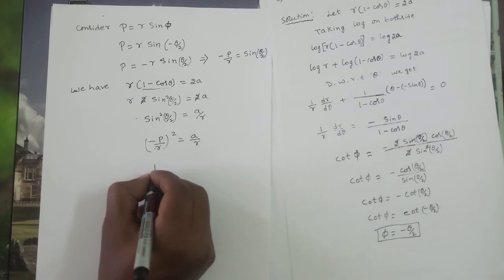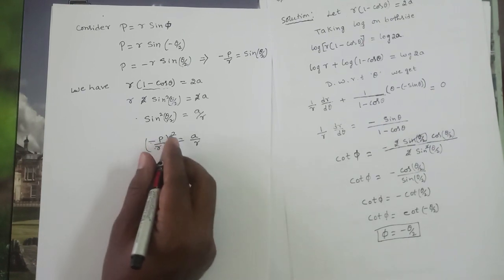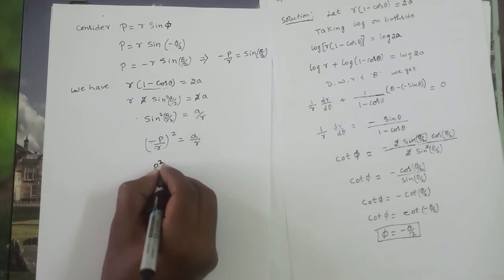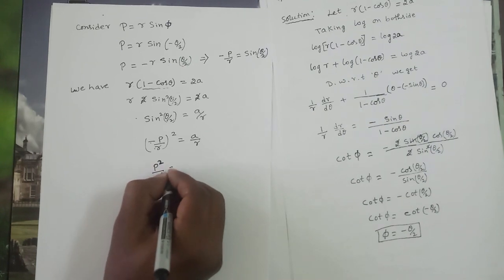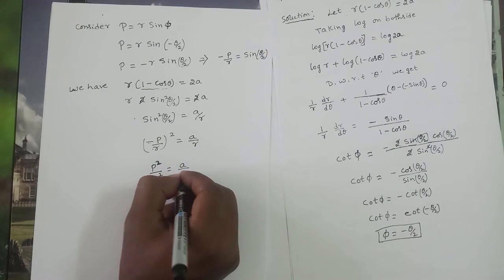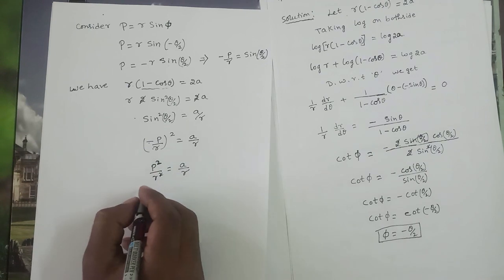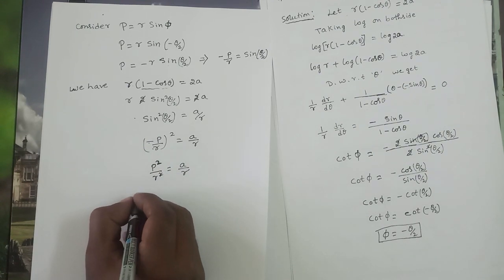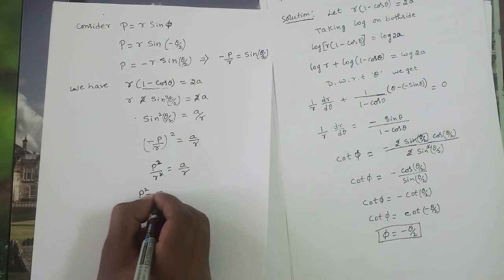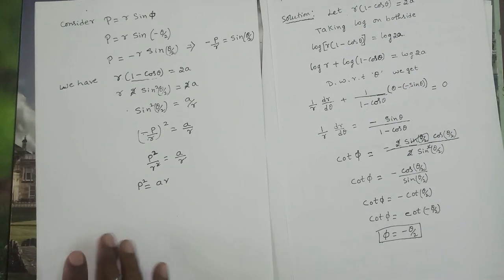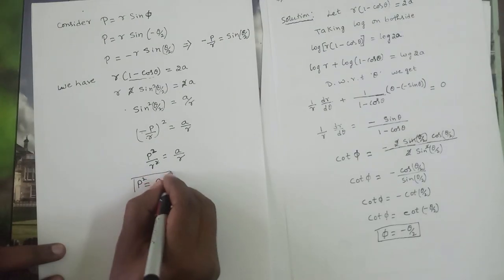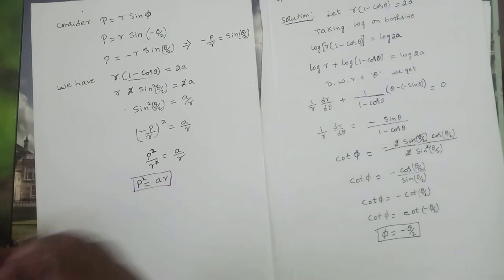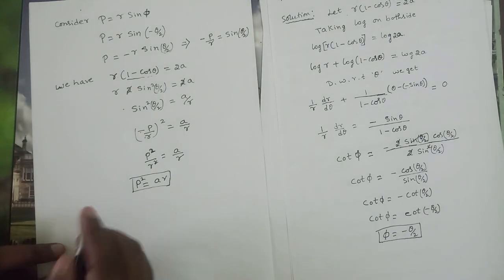Minus whole square means it is plus square, so p square divided by r square equals a by r. One r gets cancelled, so p square is equal to a by r. So the equation in terms of p and r only is the required solution.